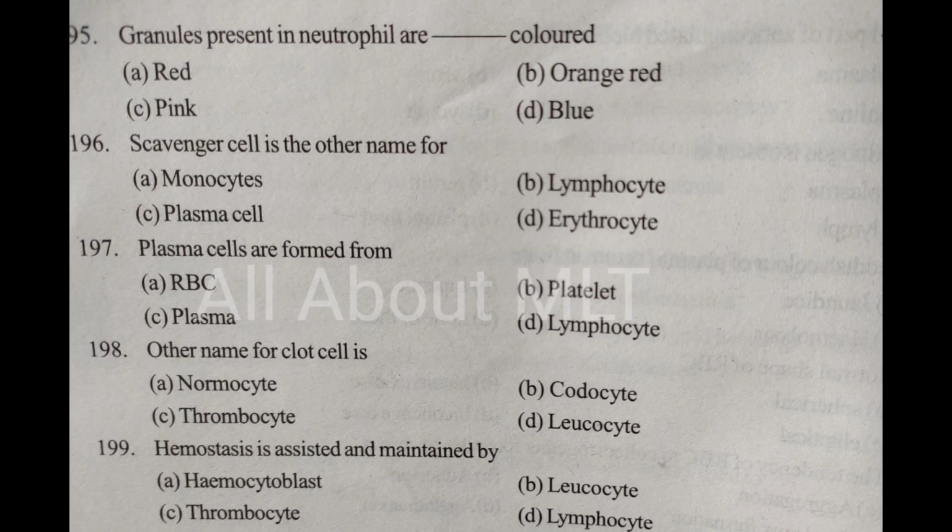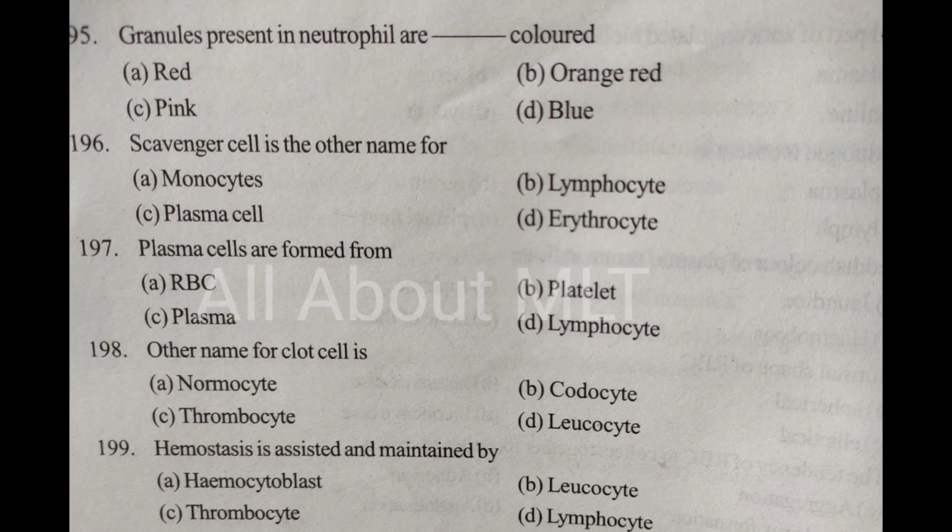Scavenger cell is the other name for: option A monocytes, option B lymphocyte, option C plasma cell, option D erythrocyte. Answer is option A monocytes. Plasma cells are formed from: option A RBC, option B platelet, option C plasma, option D lymphocyte. Answer is option D lymphocyte.